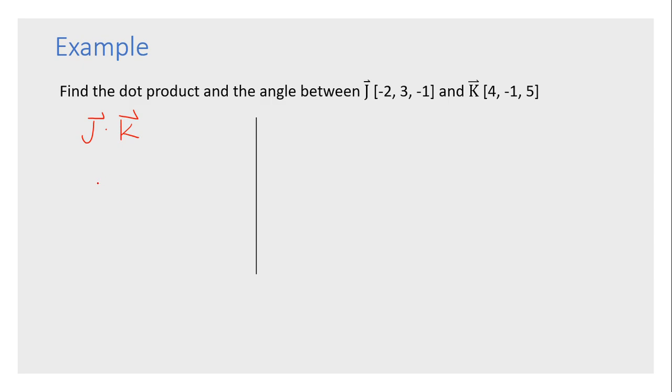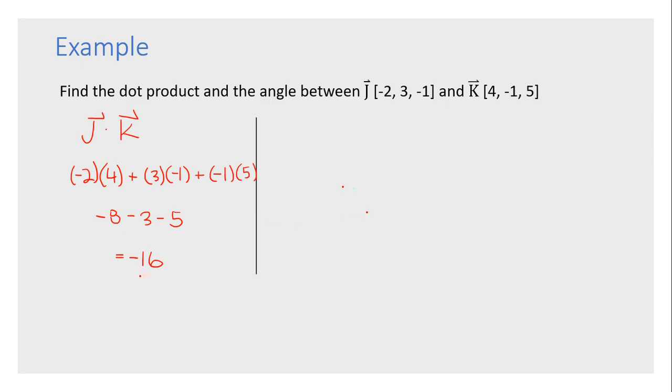So if we're going to do j dot k, first we're going to take the x of j, multiply it by the x of k, add that to the y of j multiplied by the y of k, and add that to the z of j multiplied by the z of k. You do all the multiplication, you should have hopefully negative 8 minus 3 minus 5, and then you will get negative 16. I realize on my notes I did this wrong.